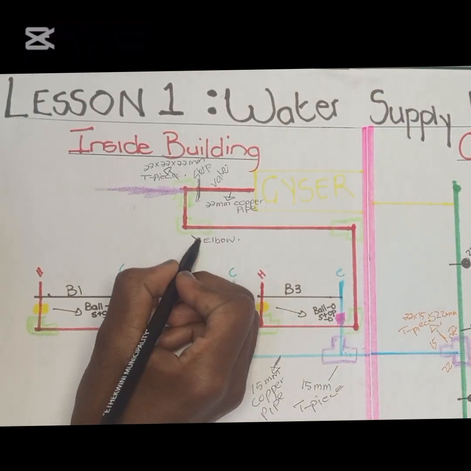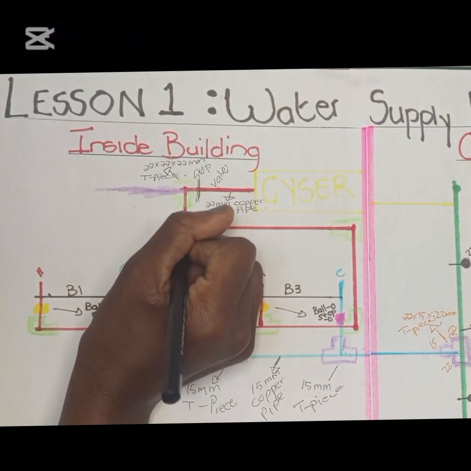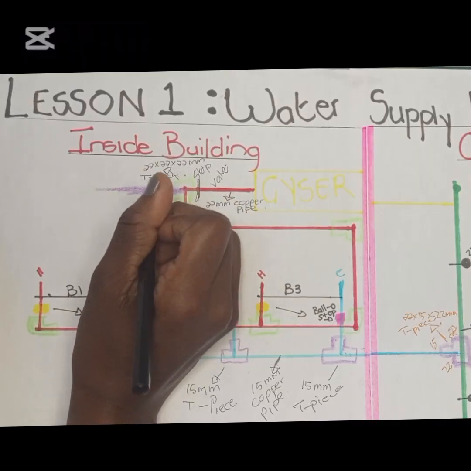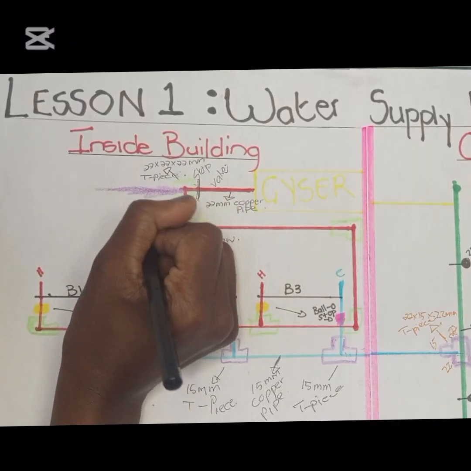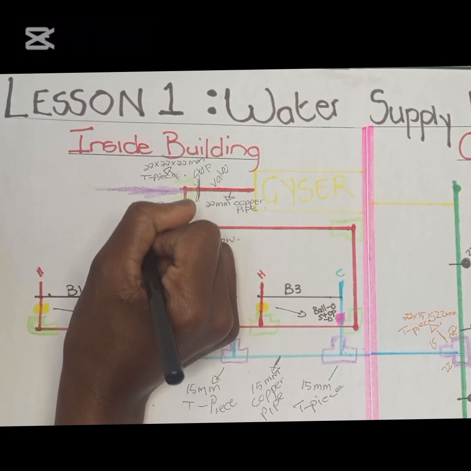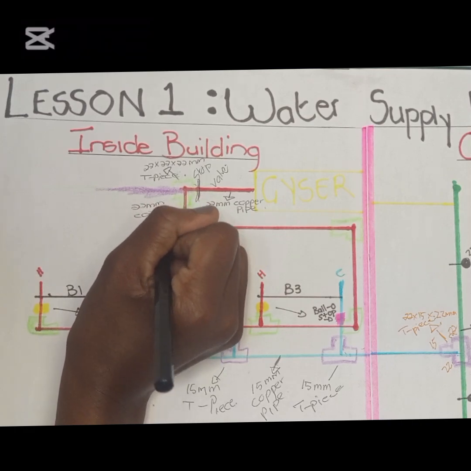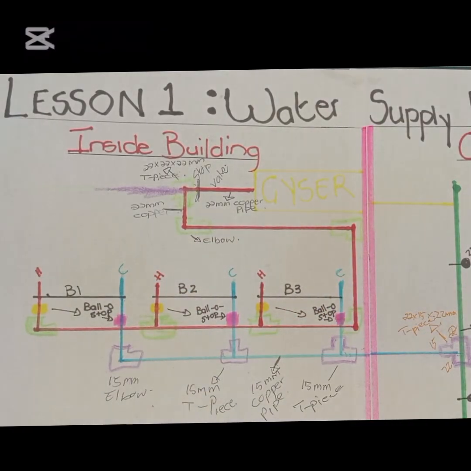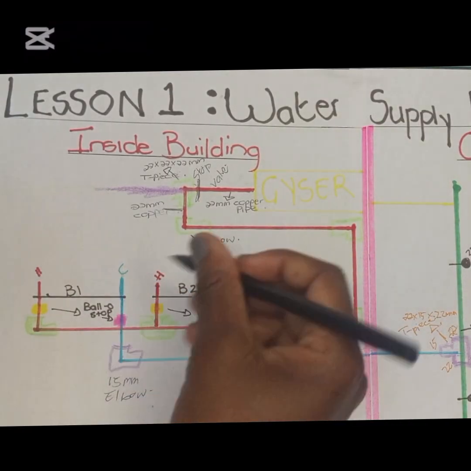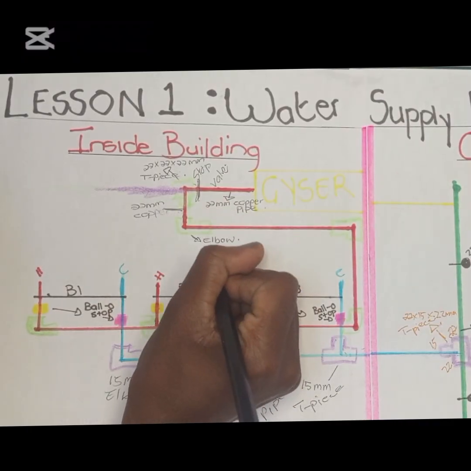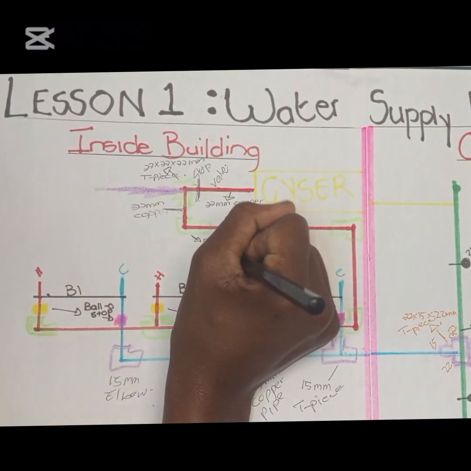Now, this is your elbow. This is also continuing here because this is your 22 by 22 by 22 T-piece. This will be 22 millimeter copper pipe still. Okay, we will reduce moving from here. Now, your elbow will be 22 by 15.